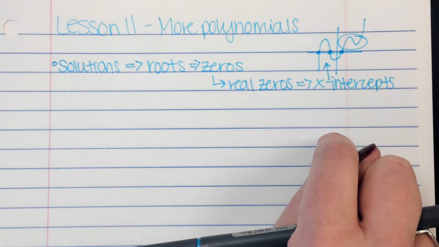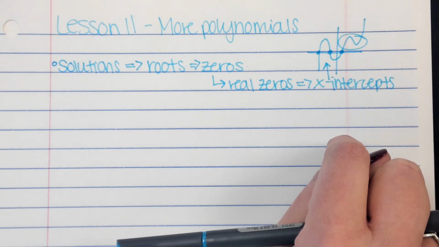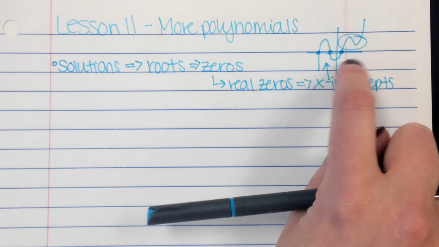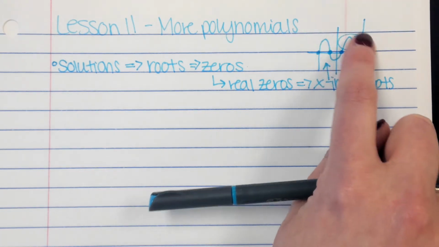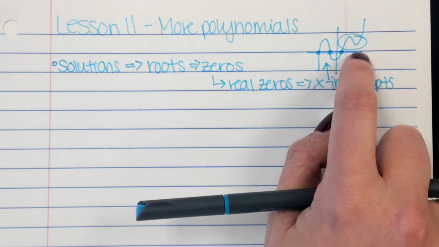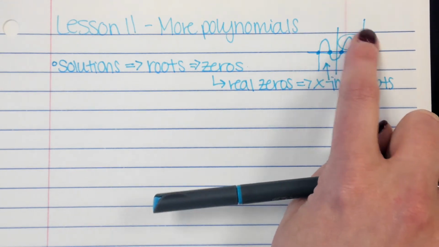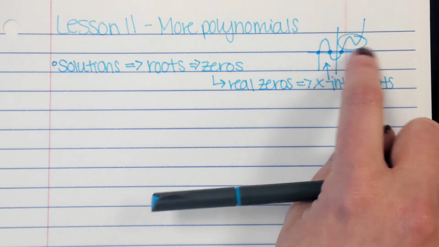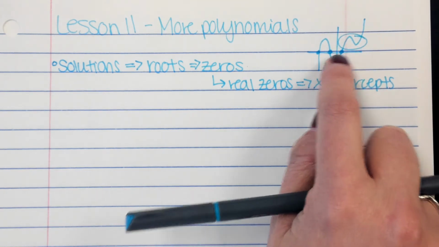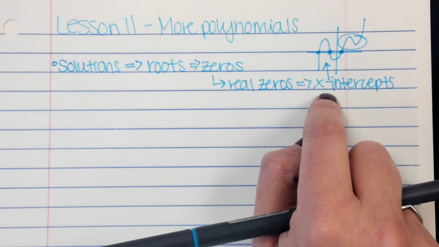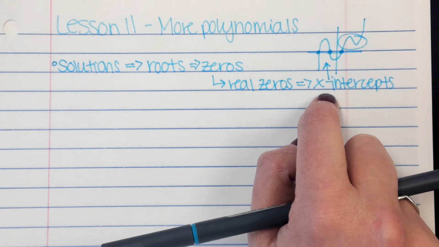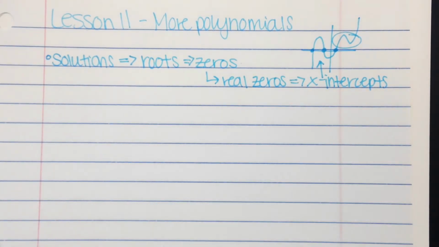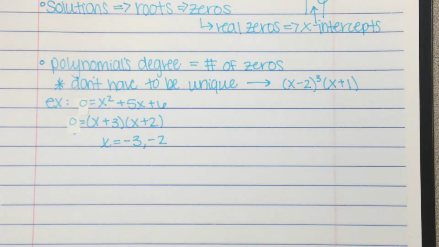You can also have imaginary zeros. We figured that out when we were solving the quadratics. You could have answers with i, and those zeros would show up over here, like where it's floating and not touching the x-axis. There is where your imaginary zeros would be, but your real zeros show up as x-intercepts, and so that's extremely, extremely important, and we're going to use that information today. So your real solutions, your real answers are x-intercepts on the graph.